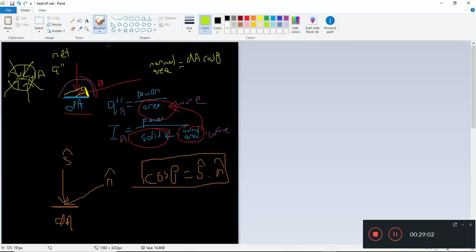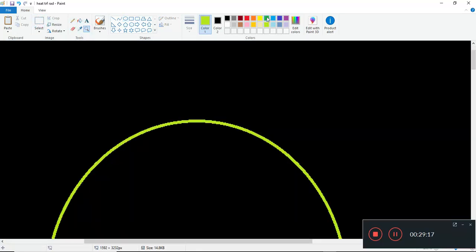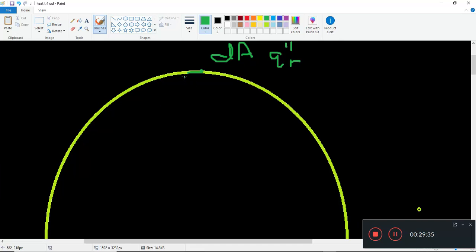Of course, if you want to talk about the boundary, for example, let's say we are talking about pipes in concentrated solar power, which is one very common application. If we have some area element dA here at the boundary, and we want to consider the heat flux due to radiation, we just integrate across 2 pi.